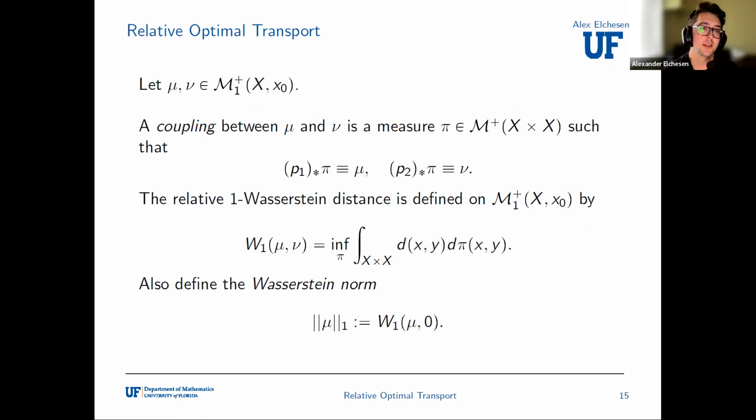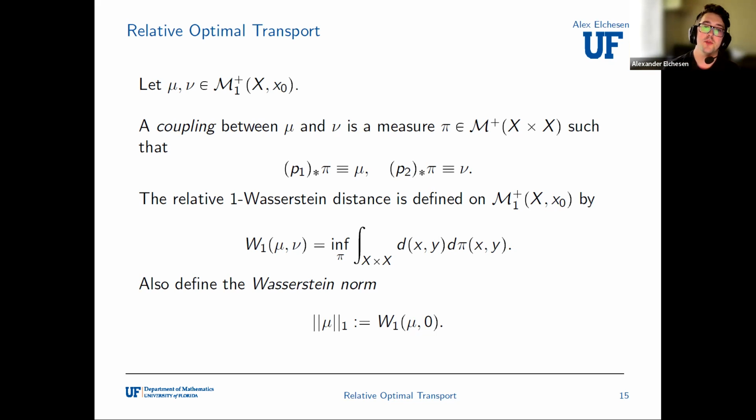So a coupling in this situation between mu and nu is again a measure on the product space, such that the first and second marginals are not required to be equal to mu and nu, but are just required to be equivalent to mu and nu. So this is the exact same formulation as the classical Kantorovich formulation, except I'm relaxing my notion of equality.